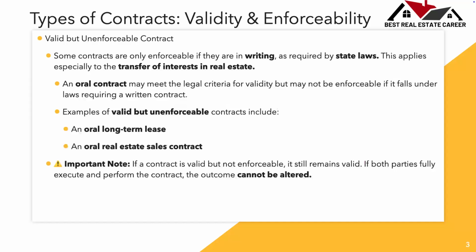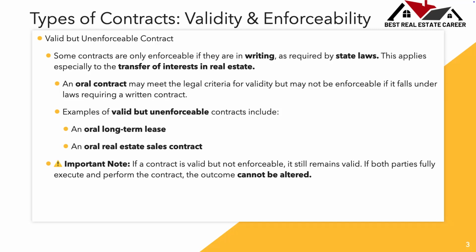Now, when we're talking about valid but unenforceable, in real estate specifically, most of our contracts are only enforceable if they are in writing. This applies especially to transfer of interest in real estate.